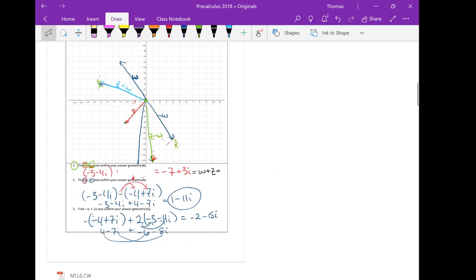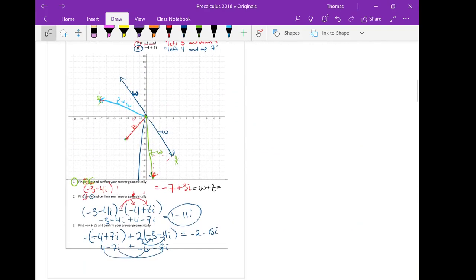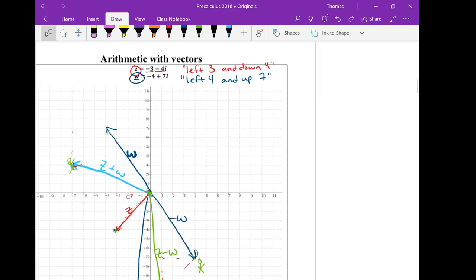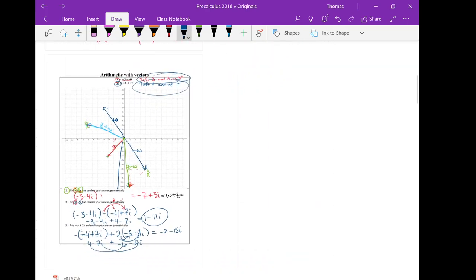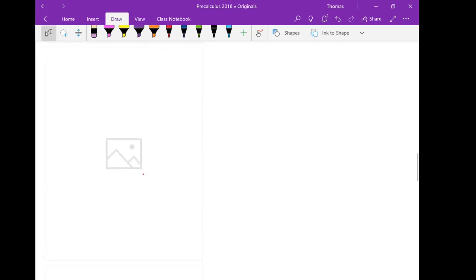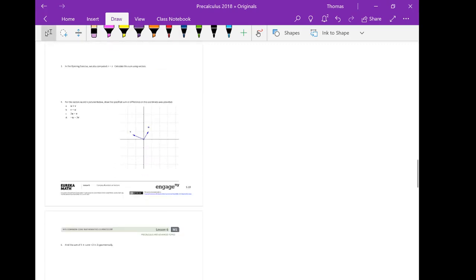So this walkthrough showed us how we can think of our sums and our differences algebraically. We've already seen that, but also how we can start to think of them as vectors following a set of instructions, a set of directions from our origin. So to practice this a little bit, go ahead and flip to your binders, page S19.